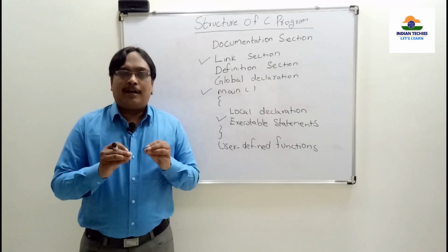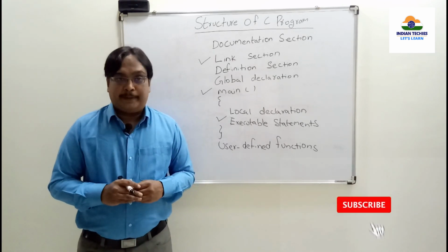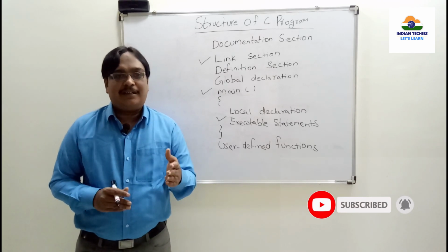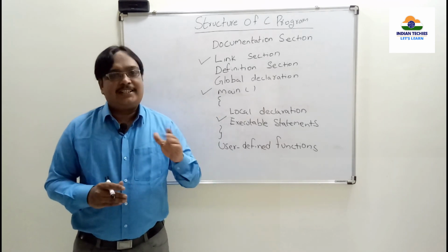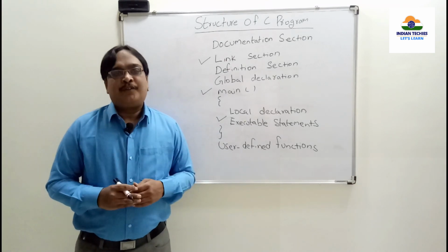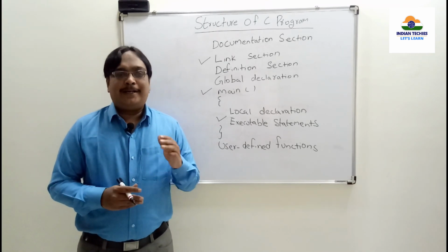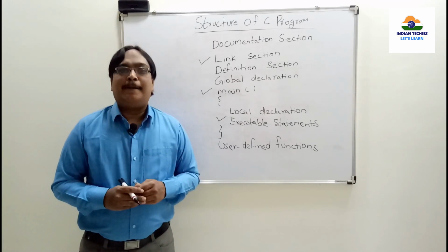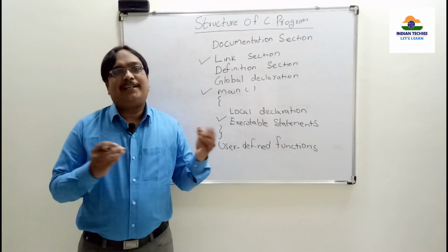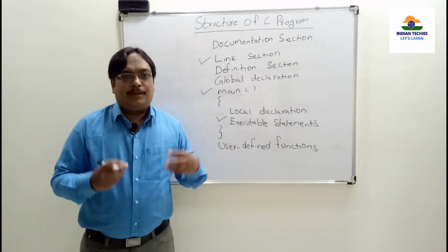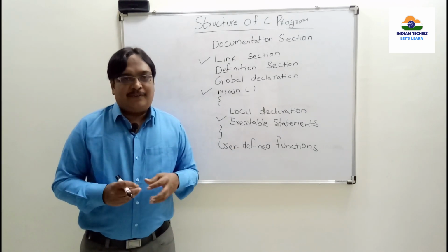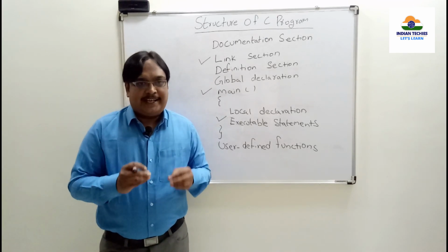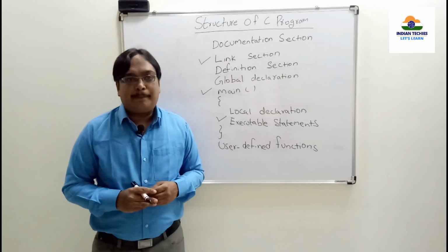These lines are not executed by the compiler because these are explanation lines that you have written for yourself and for others who read this program. That's why comment lines are ignored by the compiler.